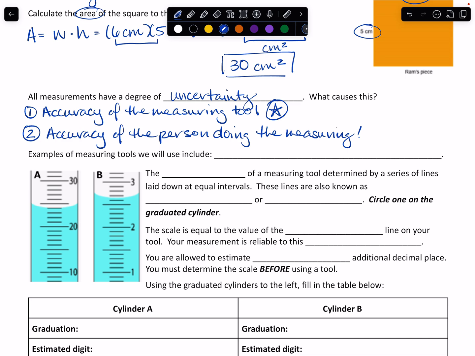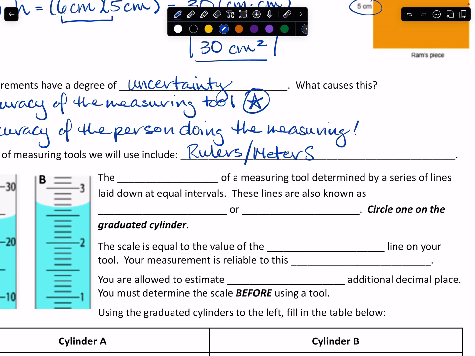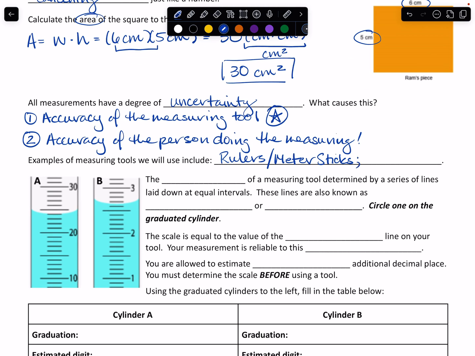Some examples of measuring tools that we can use are rulers or meter sticks, depending on what we're trying to measure. We're also going to use volume measurers, or graduated cylinders.